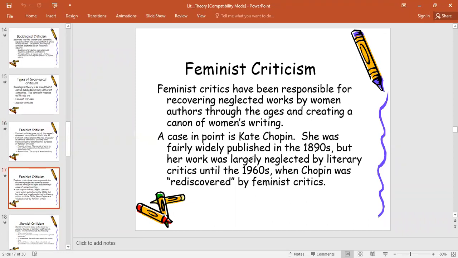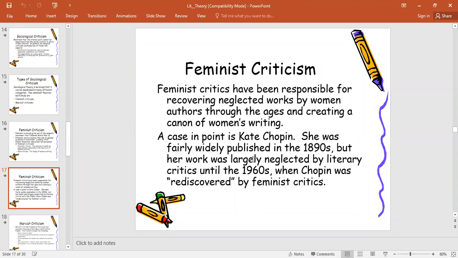Feminist critics have been responsible for recovering neglected work by women authors through the ages and creating a canon of women's writing. It means that the canon of women's writing means certain laws and rules and regulations that were fixed for women writers, that they must follow certain rules and so on.